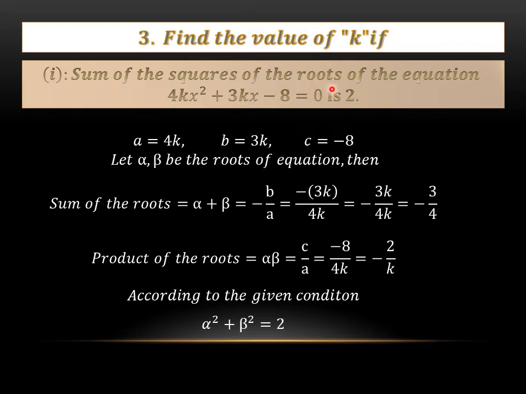Now go backward. The roots are alpha and beta, then the square, we have squared them, alpha square and beta square. Then we have to sum them, so we have put the sign of plus. Then we have to ignore the equation, so ignoring it. Is always means is equal to, so we have put the equal sign and 2 after the equal sign.